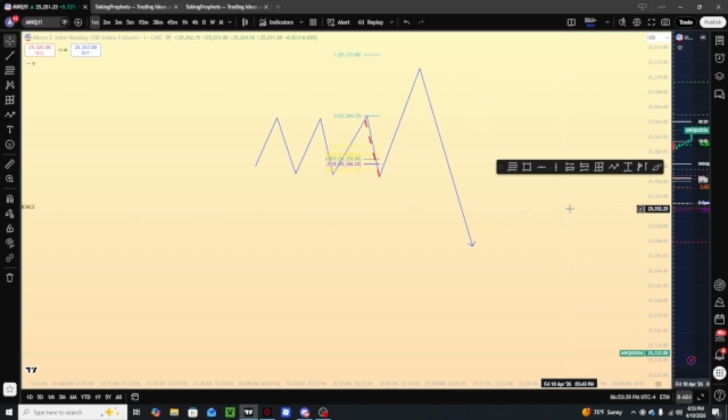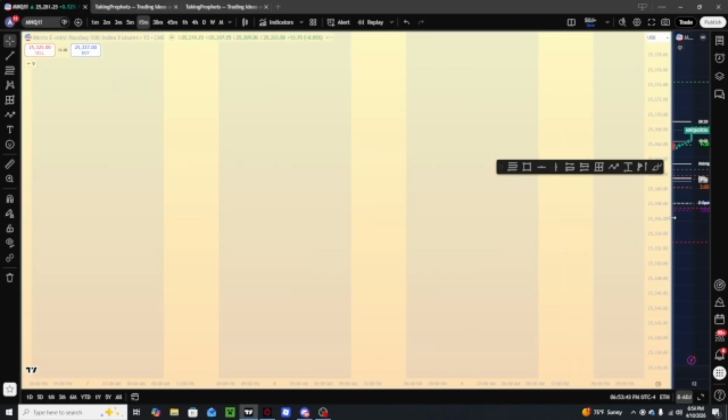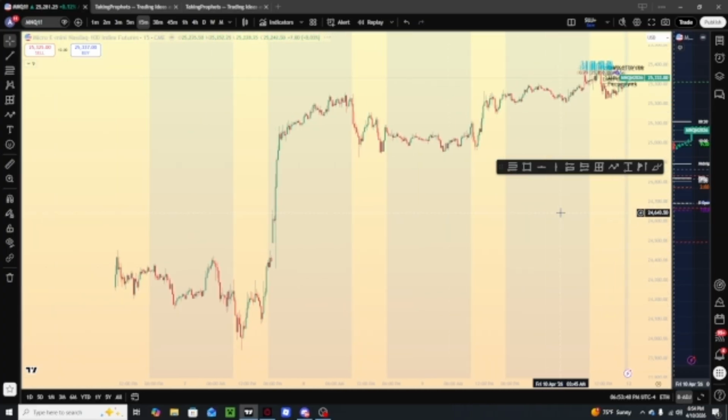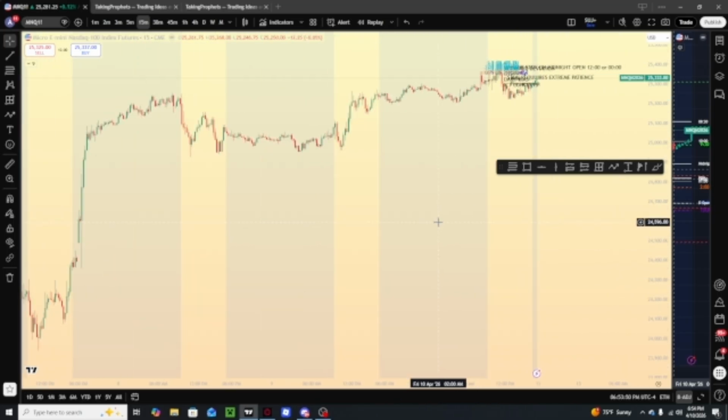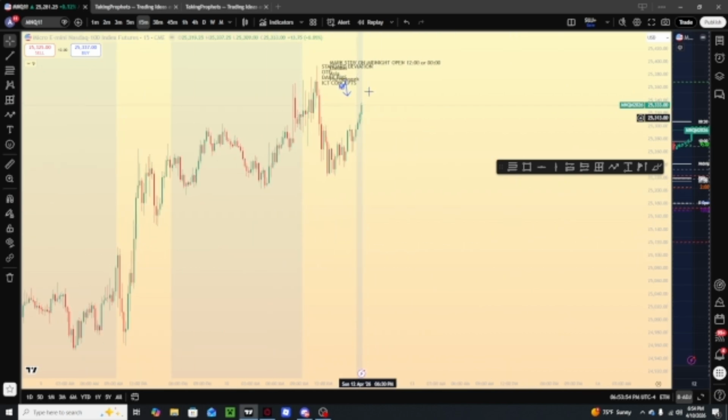Okay? So, another point, right? Market moves in accumulation, manipulation, distribution. Although, granted, you won't always see it correctly, because you do need a lot of discretion trading this.